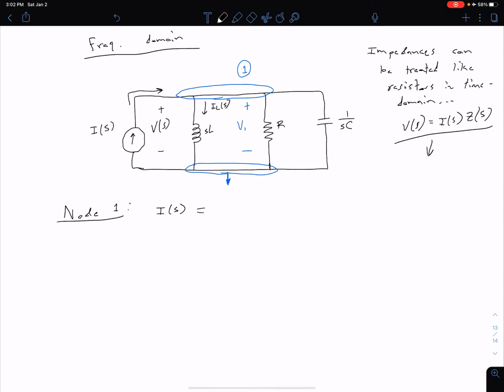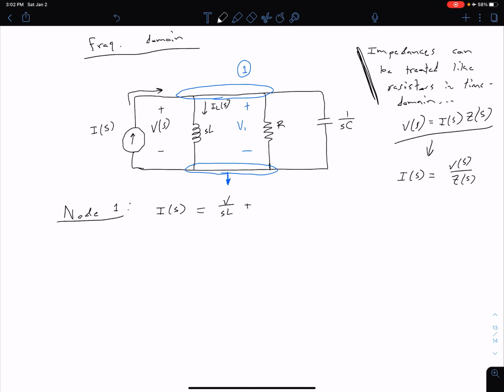So essentially just rearranging this. For this case, we're looking for currents. So we can say currents are equal to V divided by Z. In this case, we have V divided by sL. And then of course we can do the same basic thing for our resistor and the capacitor because we're using this Ohm's law for phasors, so our impedances are just treated like we treat resistors in time.